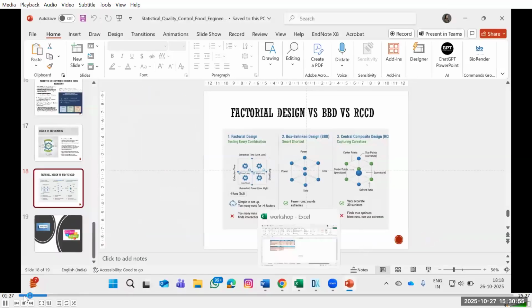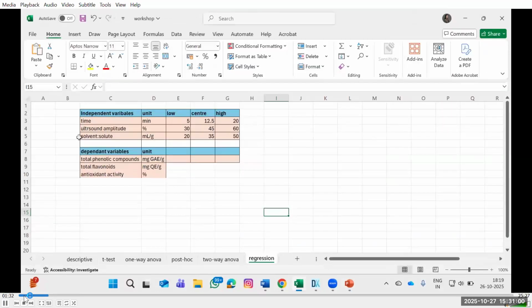Okay, we'll first check how it works. For this, I have taken three independent variables: extraction time, ultrasound amplitude, and solvent to solute ratio, at two different levels, low and high, and the center point will be represented. For extraction time, the low value is 5 minutes and the high is 20 minutes.